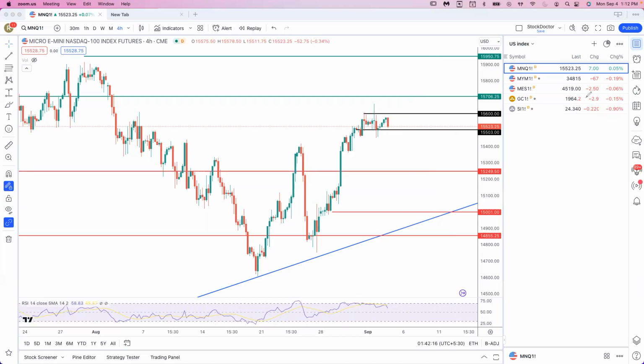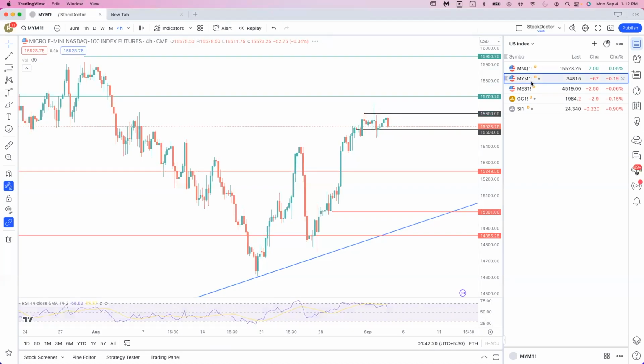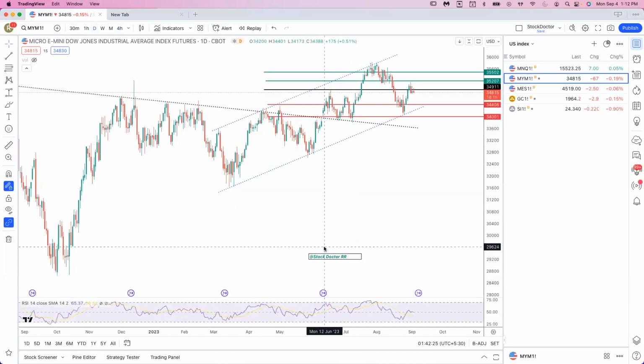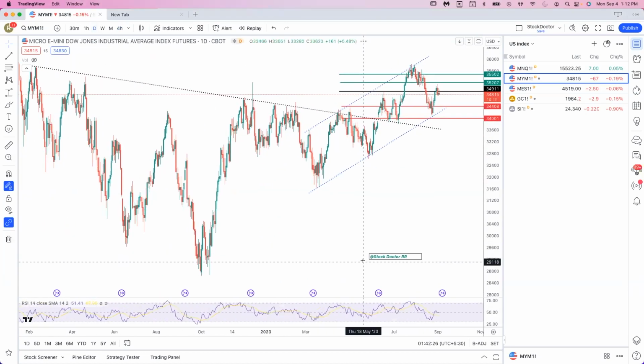Now, let's talk about Dow Jones. For the Dow Jones, this is the day time frame. You can see here, the first trend line resistance is broke from here. You can see this line. The first trend line resistance got broke here.